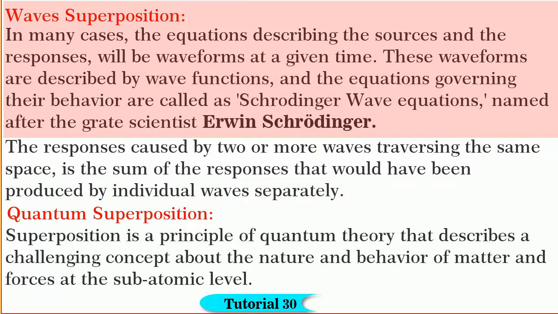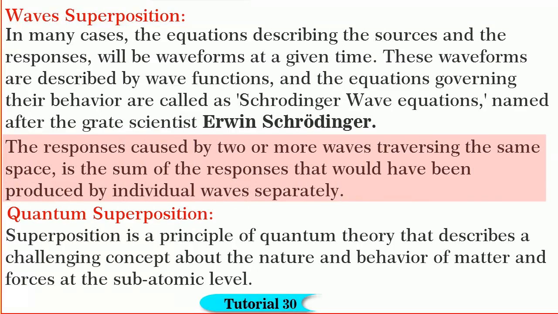These waveforms are described by wave functions and the equations governing their behavior are called Schrödinger wave equations, named after the great scientist Erwin Schrödinger. The responses caused by two or more waves traversing the same space is the sum of the responses that would have been produced by individual waves separately.